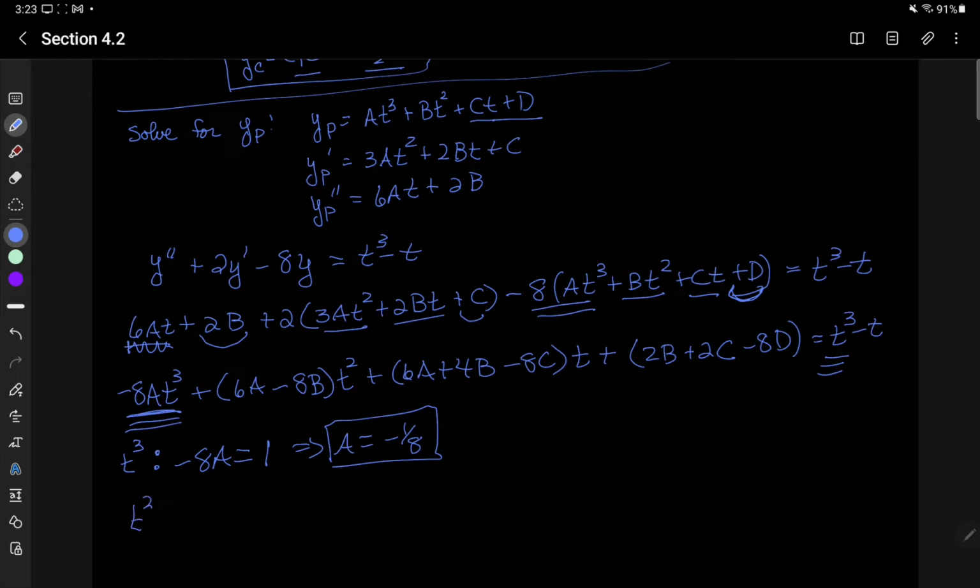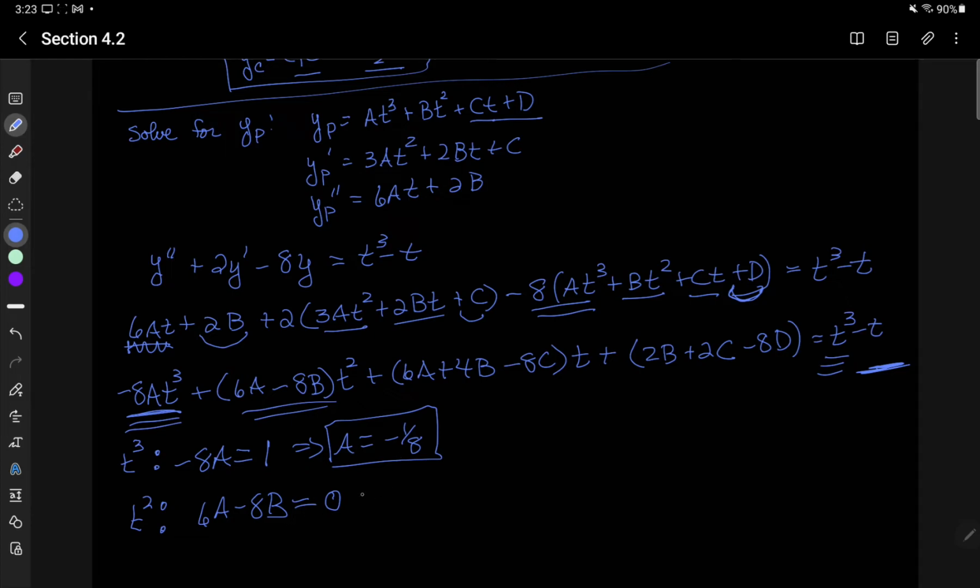Then for my t squared coefficients, I get 6a minus 8b equals, and notice that there's not a t squared on the right side, so that's going to be equal to 0.